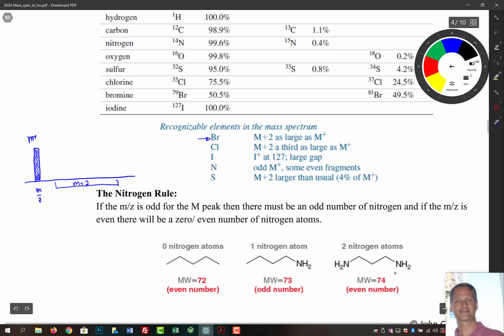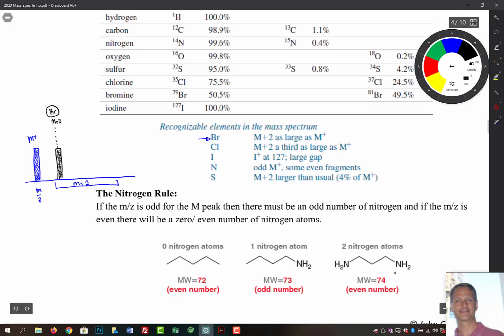All right, so if you have bromine, it's about as tall. So we're going to come over here, and of course it's not going to be perfect, but about. So if you have a peak that's M plus 2 here, so there's M plus 2. If it's about as tall, then we would suspect that it's the bromine atom there.